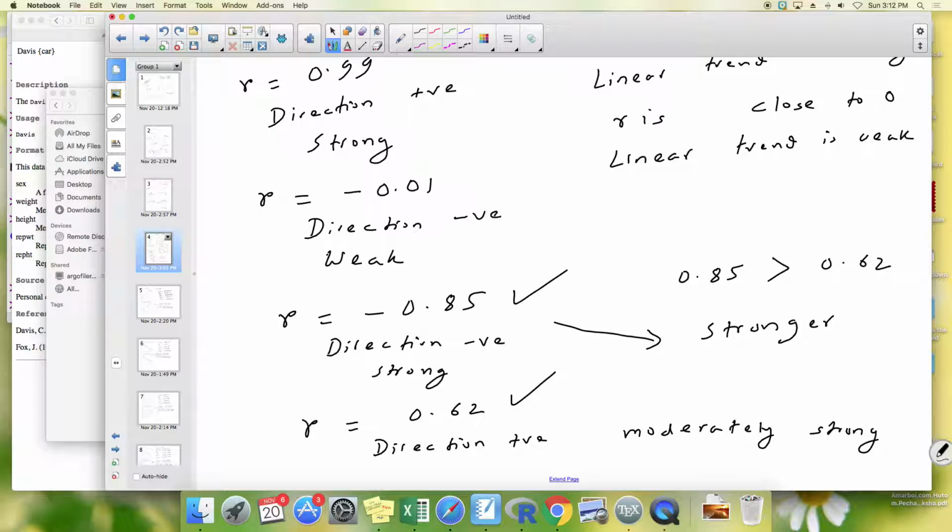visualize. So let's do some of those, but before that, let me just give you the formula for r.